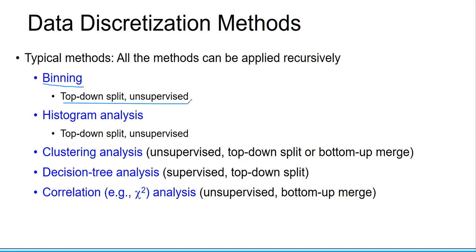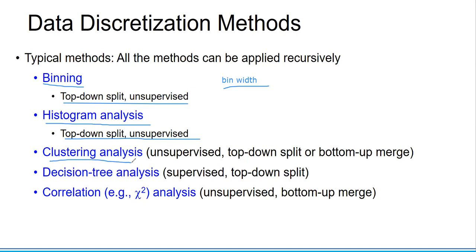We can select the bin width, which can be determined by the values. Then histogram analysis, which we already looked at in Orange, is an example with the histogram, and it is also a top-down split. So we can also determine the bin width for this histogram.